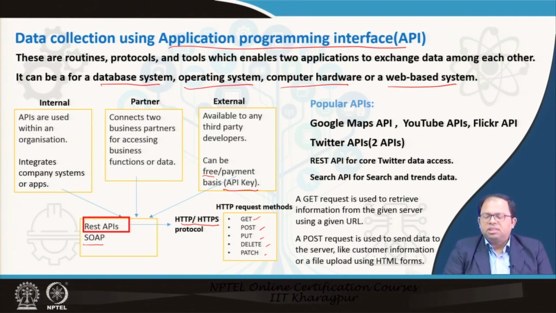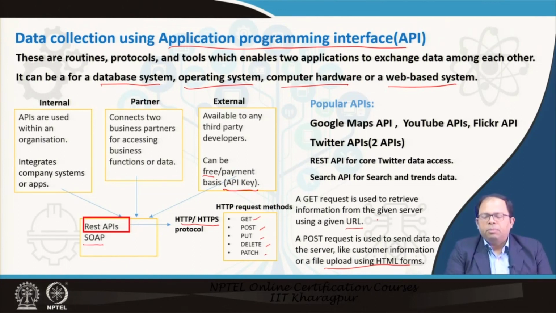A GET request is used to retrieve information from the given server using a given URL, and a POST request is to send data to the server, like customer information or a file upload using HTML forms. So we can either get certain data from that server, or we can send data to a server. Server means that particular program with whom we are talking, the API is there in a particular server, and we are accessing that with a URL.